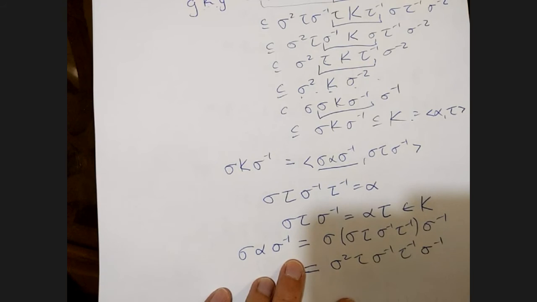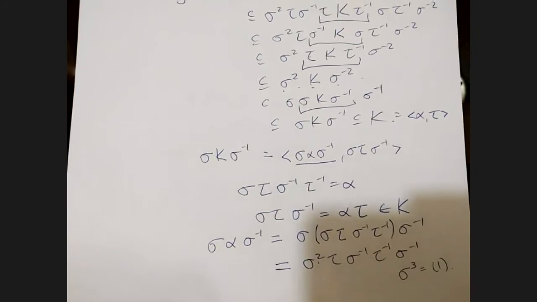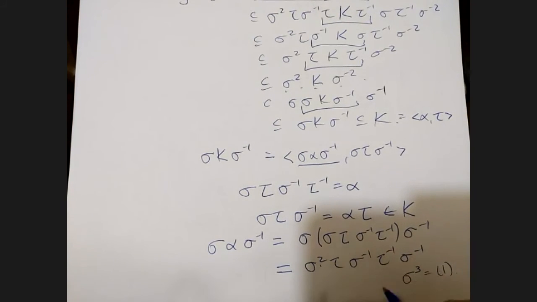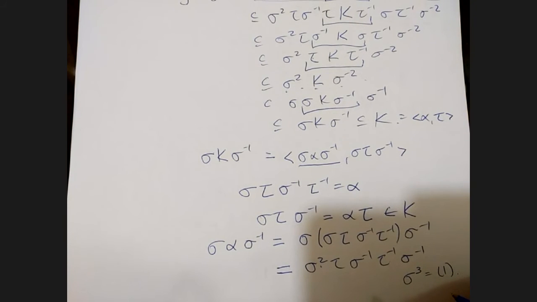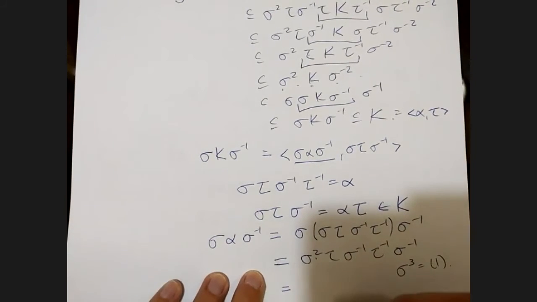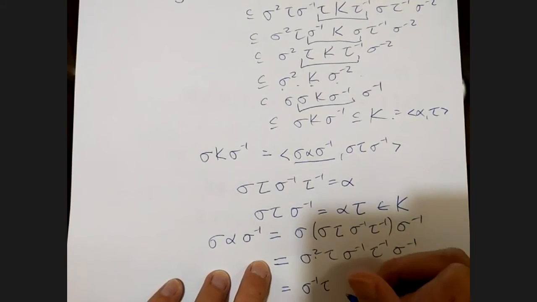But in fact, we have to use the relation. Remember that sigma is a 3-cycle, so sigma cubed is the identity. That means sigma squared is really sigma inverse, and sigma inverse is really sigma squared.